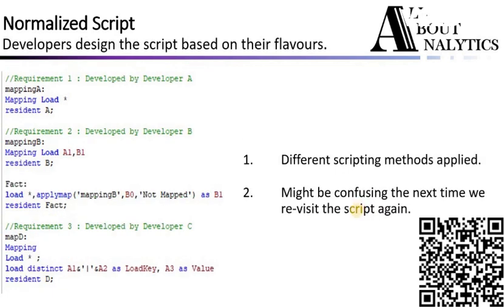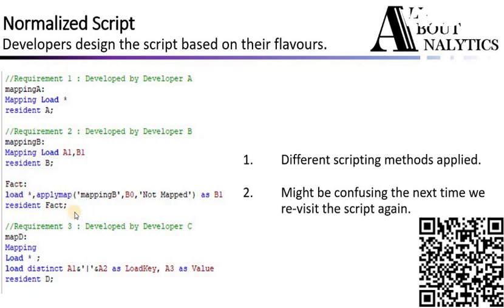Moving on to the third item in the list, developers can design the script based on their own flavors, right? As we can see here, instead of placing all the mapping load script in one section, developer B prefers to create the mapping whenever he wants it applied in the fact table.